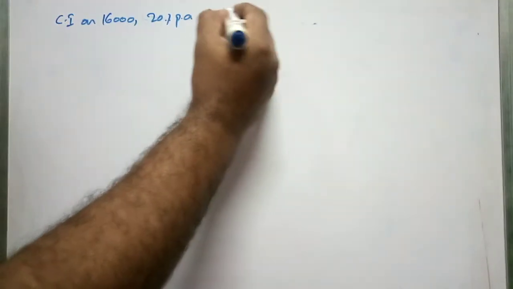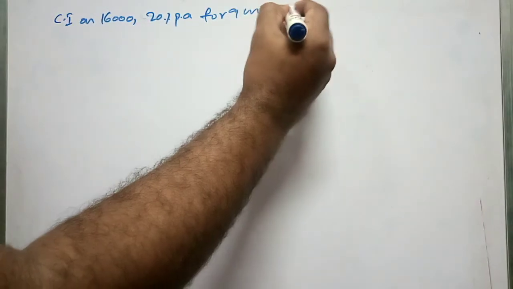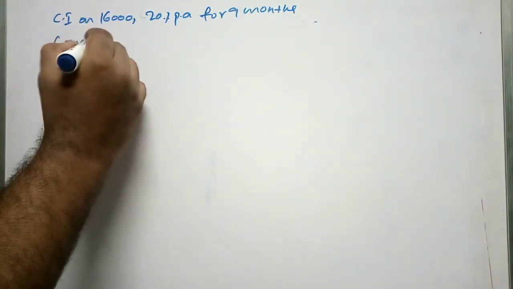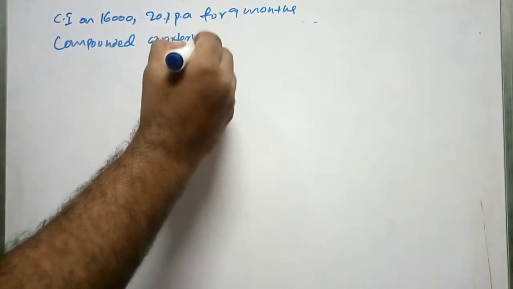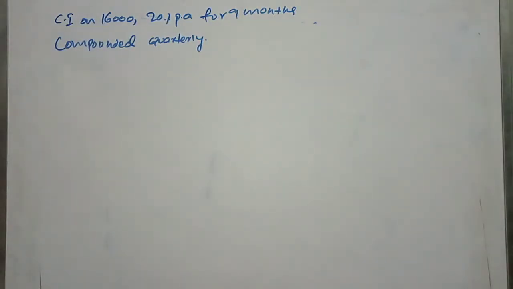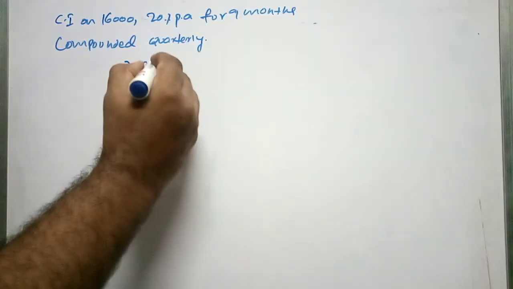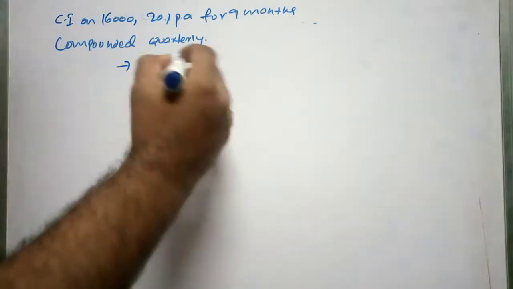Okay, so compounding interest on 16,000 we need to find at 20% per annum for 9 months, compounded quarterly. So how are we going to solve this one? So what is given here? Principal is how much?